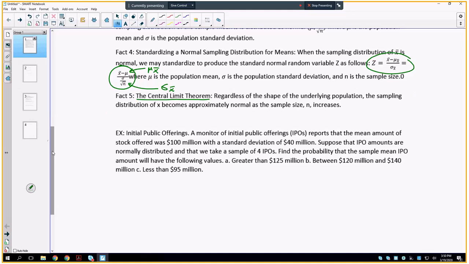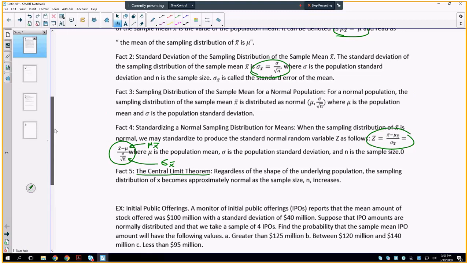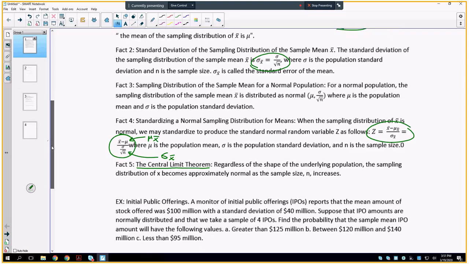It says, regardless of the shape of the underlying population, the sampling distribution of x bar becomes approximately normal as the sample size increases. So we already knew from fact 3 that if we had a normal population, then the sampling distribution of the sample mean would be normal.